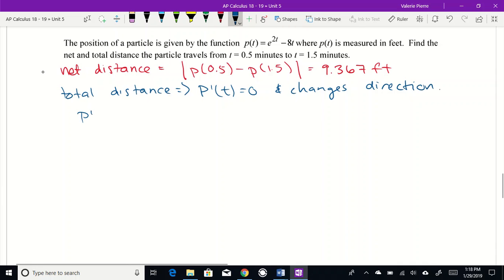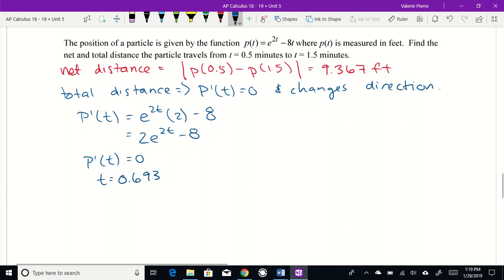So if we find p prime of t, which is equal to e to the 2t times 2 minus 8, which is just 2e to the 2t minus 8, and we set that equal to 0. So p prime of t equals 0 when t equals 0.693. Since 0.693 is on our interval from 0.5 to 1.5, we have to take it into account.